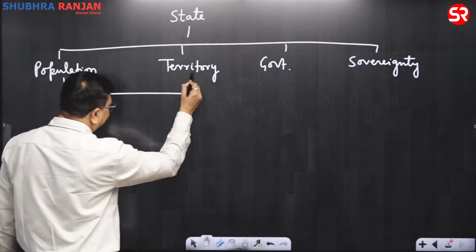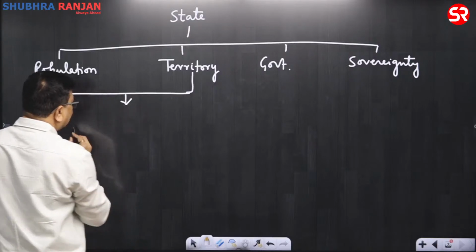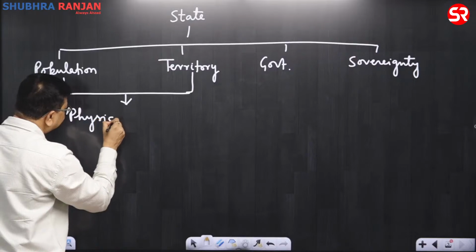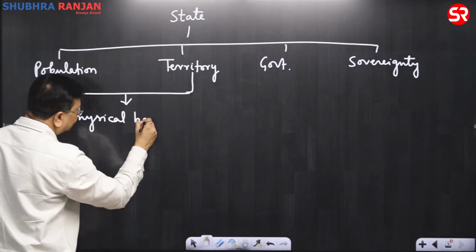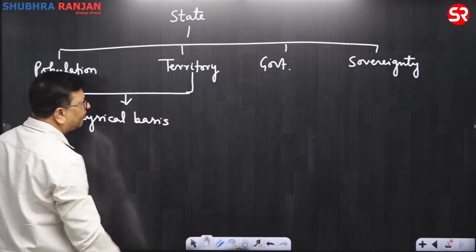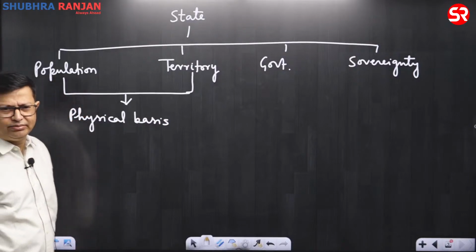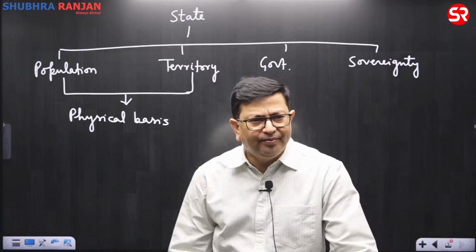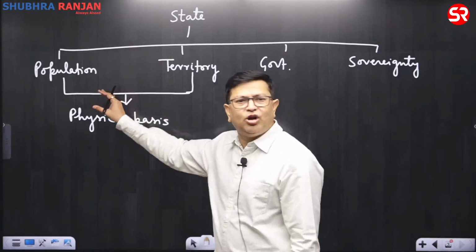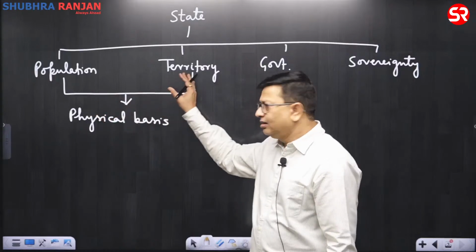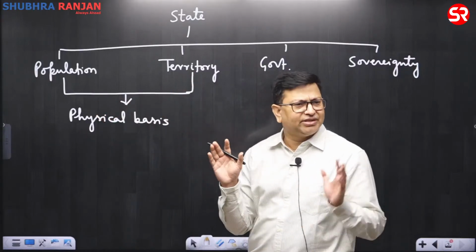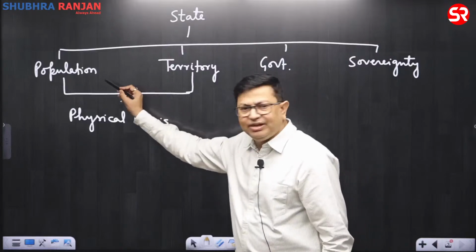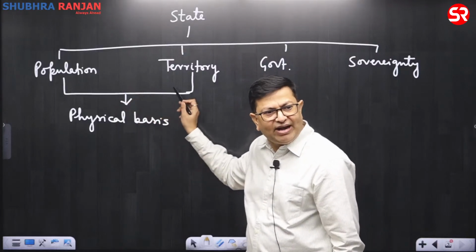Population and territory, they are the physical basis of a state. You can see them, that okay, these people are living in the state, and population of a state cannot be fixed, but territory has to be fixed. So this population means the people must be living within a defined territory.